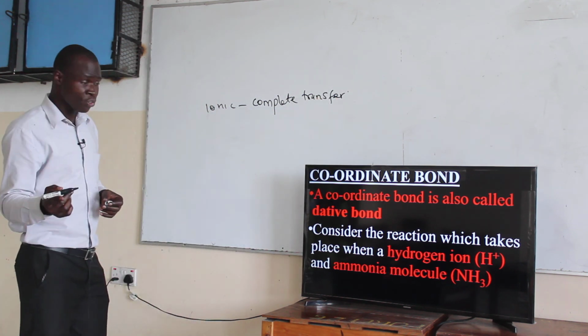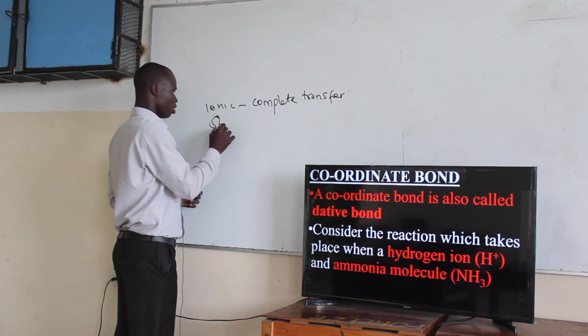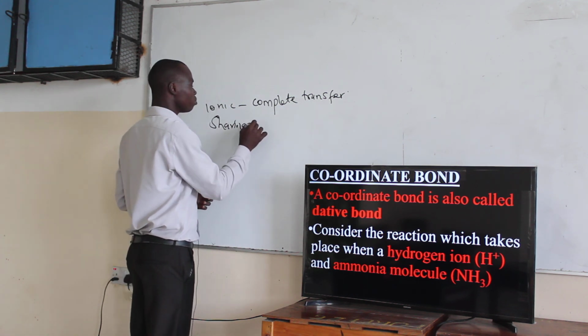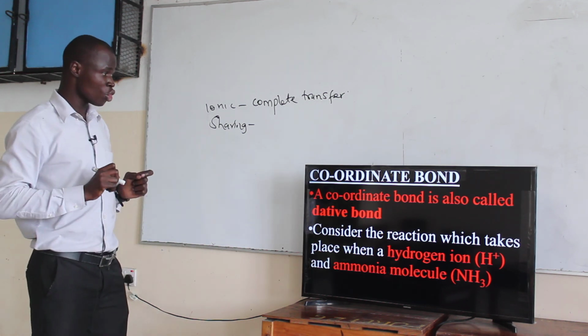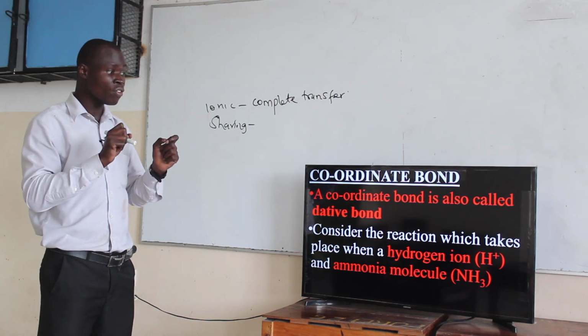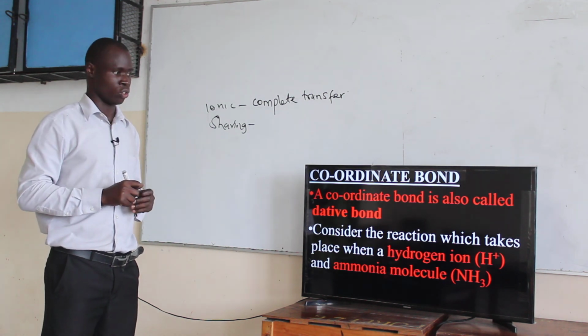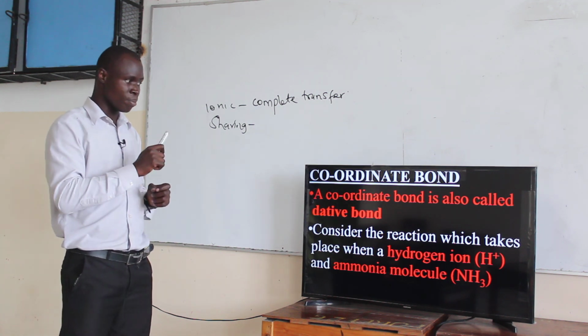In the covalent bond we just saw, there was what we call sharing of electrons from both parties. But in coordinate bond, you are going to find that only one element is going to give the pair of shared electrons. So when we reach there, we are going to understand what I really mean by that.